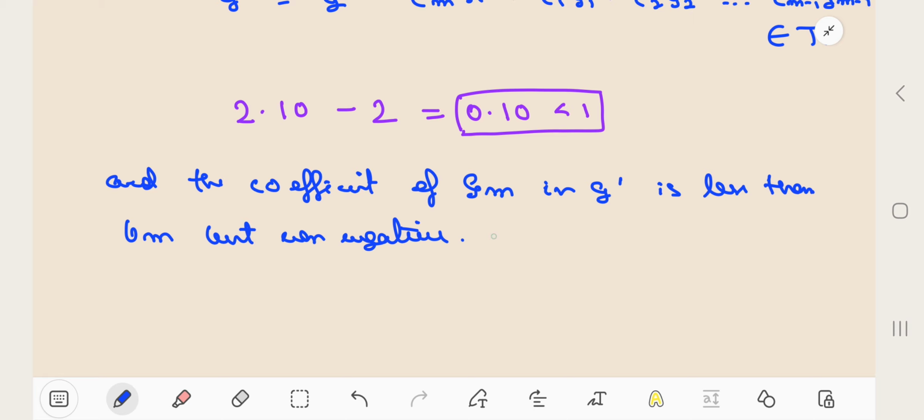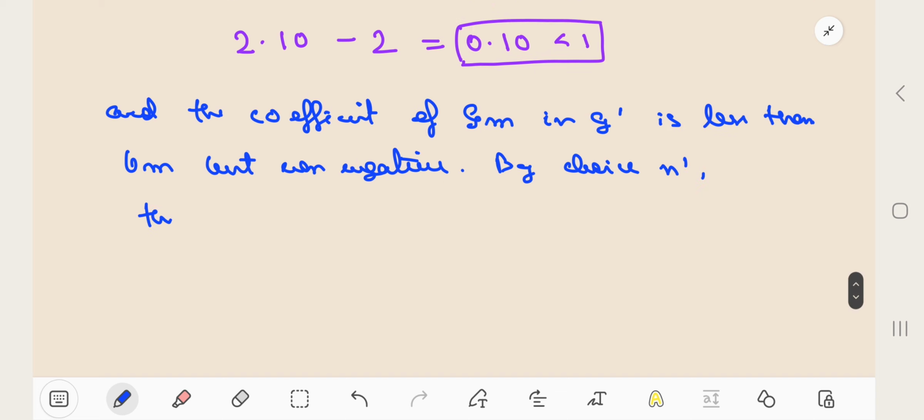But by the choice of x prime, this coefficient must be 0, because we had chosen x prime to be a vector in T such that the leading coefficient, that is the coefficient of Gm, must be the smallest, right?